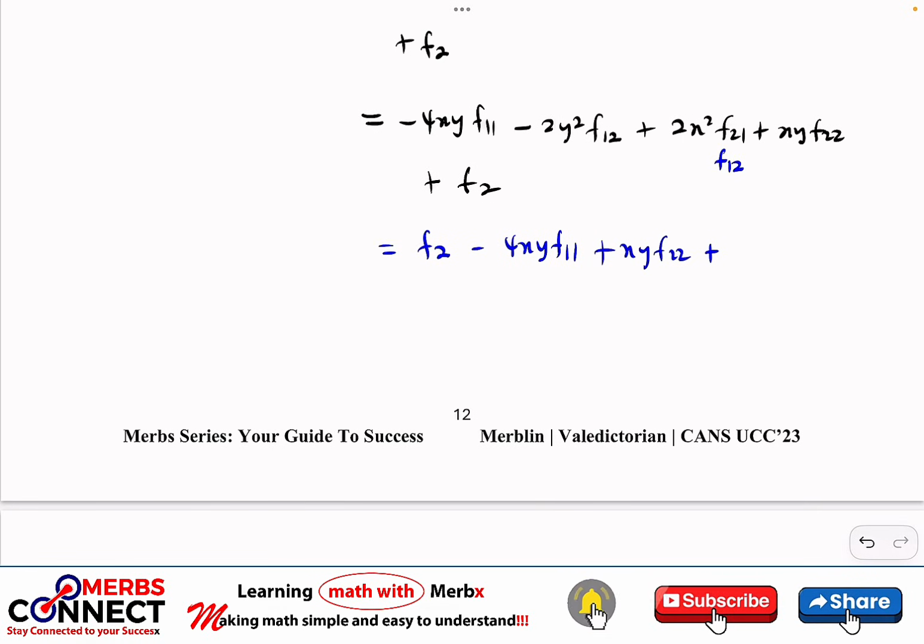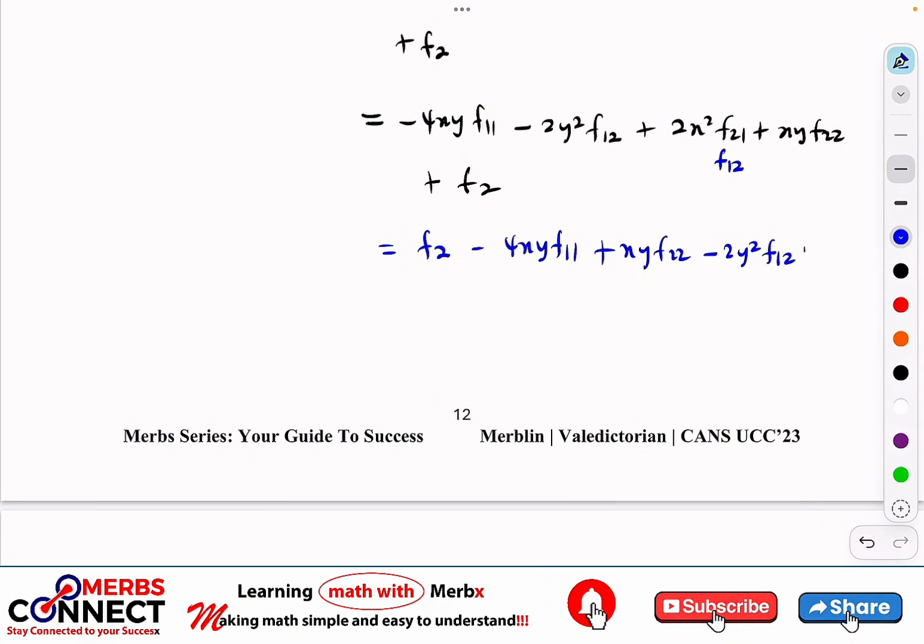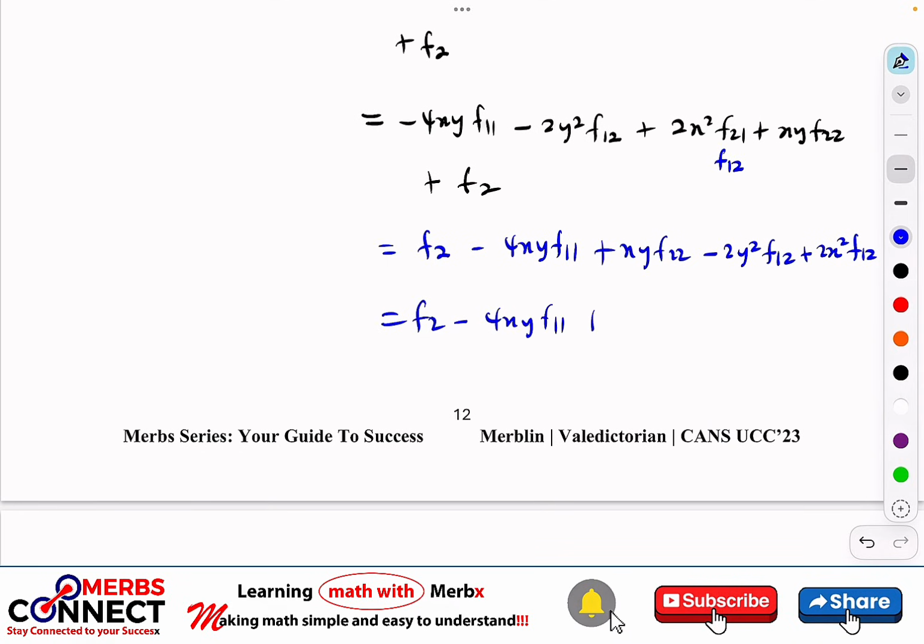So if they are the same, then we can add them. So this is going to be minus 2y squared f12 plus 2x squared f12. So finally, f2 minus 4xy f11 plus xy f22, plus f12 out and have minus 2y squared plus 2x squared.